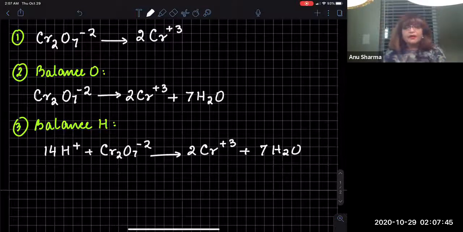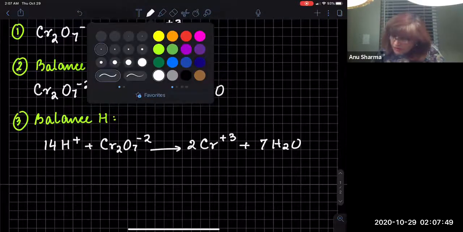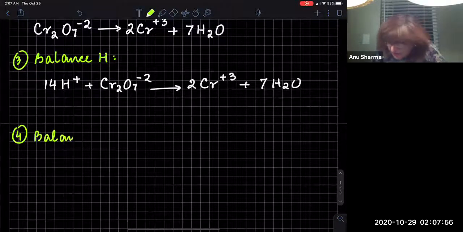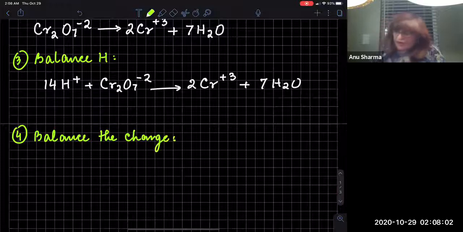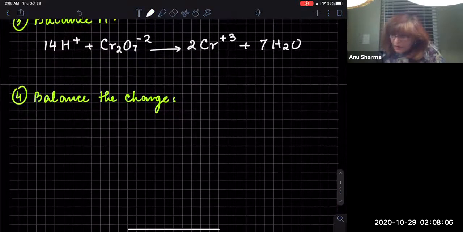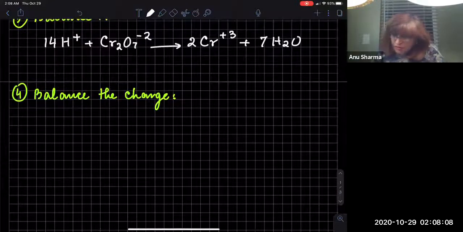Okay? All right, now we are going to balance the charges. Now this can sometimes be a little bit tricky. The way I like to do it is this way: you count the positive and the negative charges and then go from there.